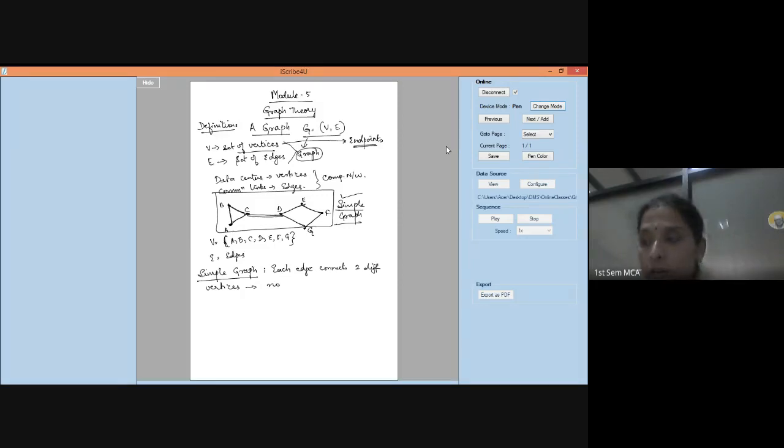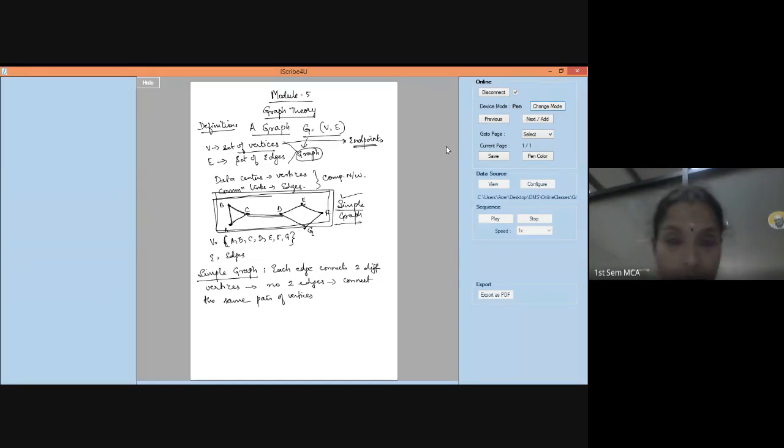That is very important. You call such a graph a simple graph. Each edge connects two different vertices, and no two edges connect the same pair of vertices. That means you should not have repeated edges between the same pair. What we have seen here is an example of a simple graph.